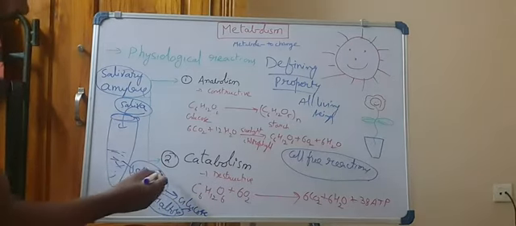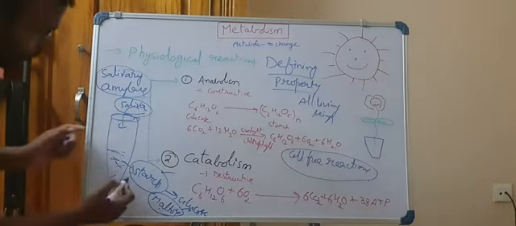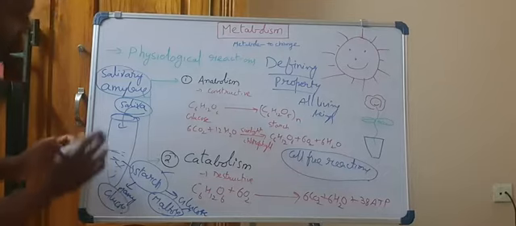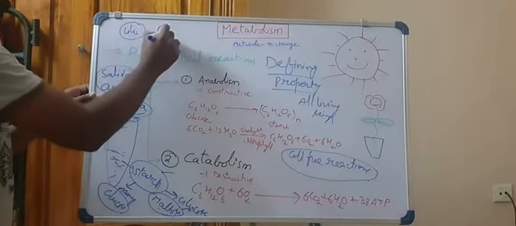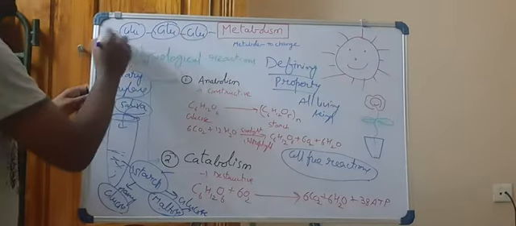So starch is a bigger molecule. Starch has many glucose molecules. All these glucose molecules will have bonds. So glucose, glucose, glucose, just like this.